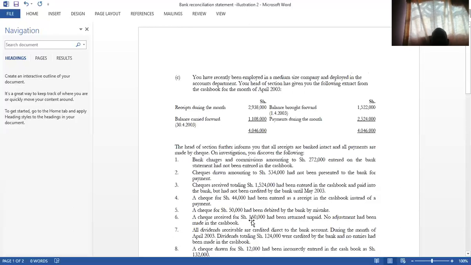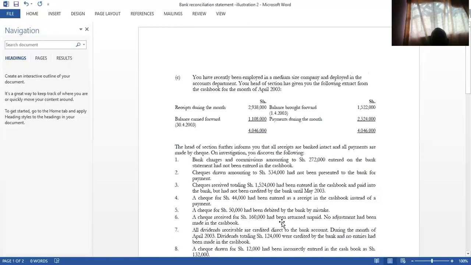When you are told that the cheque has been returned, whichever the reason, that is called a dishonored cheque. So the moment it was received and now it has been returned, once it was received in the cash book, it was recorded on the receipt side. Because it has not been accepted by the bank, we also need to remove it from the cash book by crediting the cash book by 160,000, with the dishonored cheque.